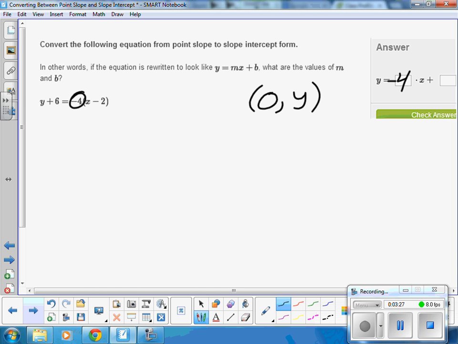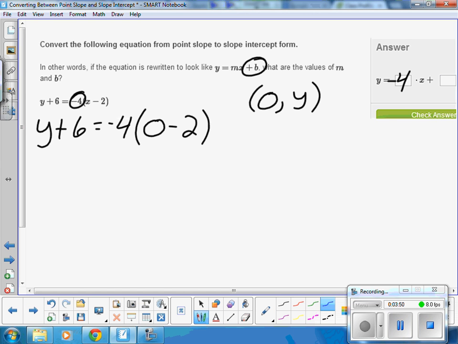So to find b, we also need to remember that the b is our intercept. That's the value of our intercept. So y plus 6 equals a -4 times the quantity 0 minus 2, because x is 0. Y plus 6 equals 0 minus 2 is a -2, and -2 times a -4 is a +8.